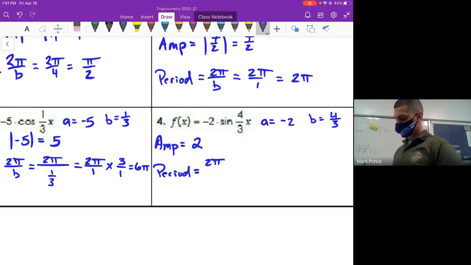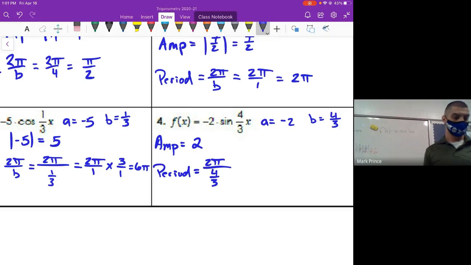It'll be 2 pi over 4/3. Let me know what you get. Yeah, go ahead, ask. Fire away. All right. So 2 pi over 1 times the reciprocal of the denominator will be 3 over 4.